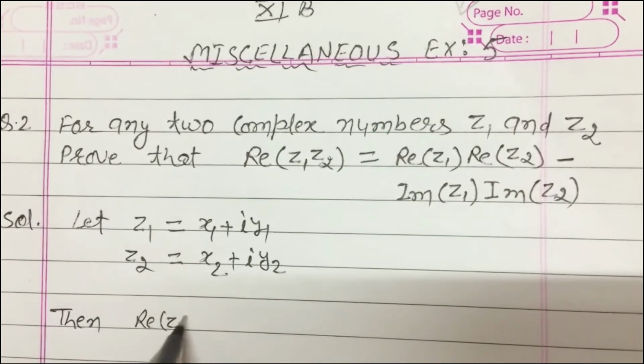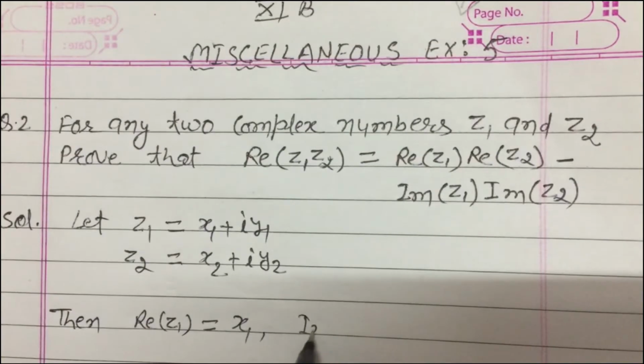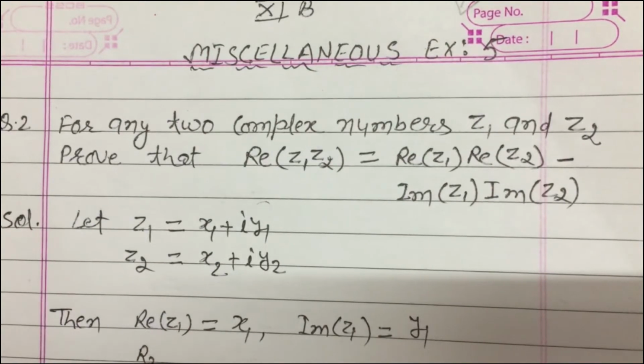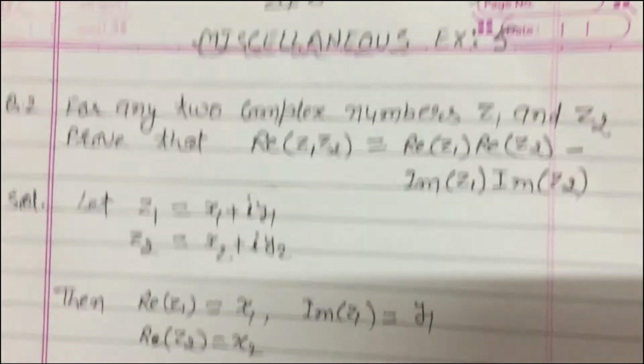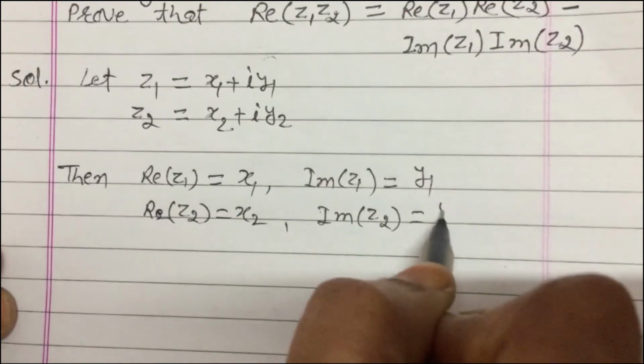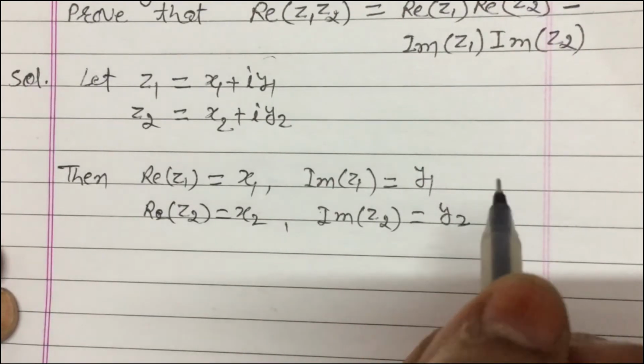Real z1 is x1, and imaginary part of z1 is y1. Real z2 is x2, and imaginary z2 is y2. Clear.